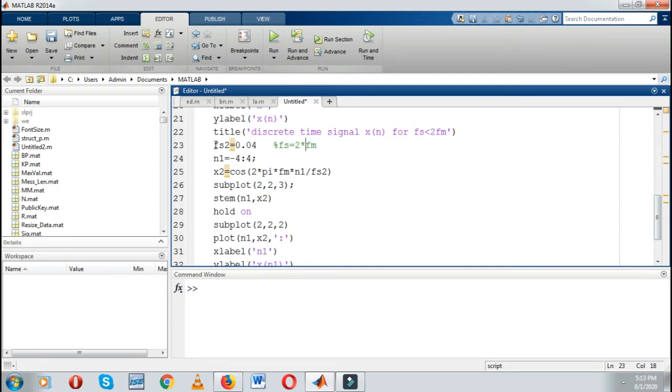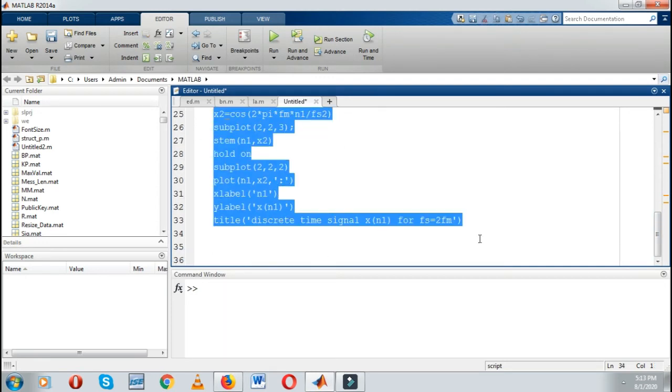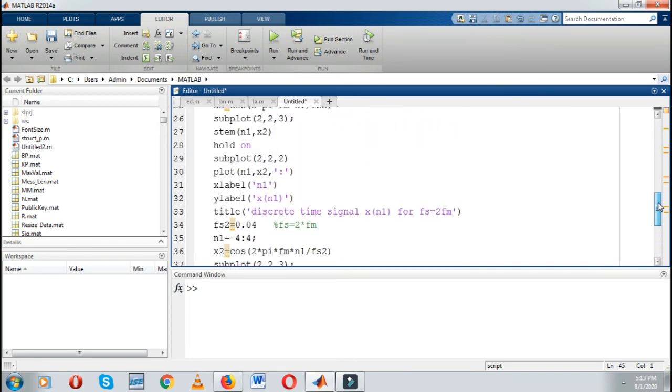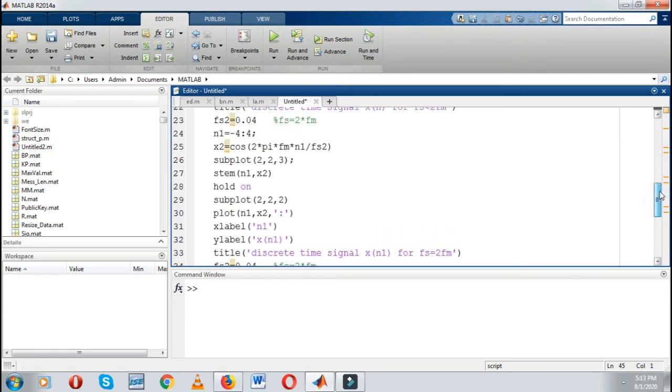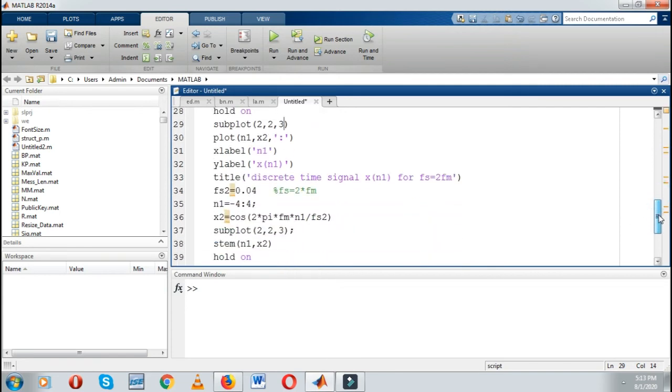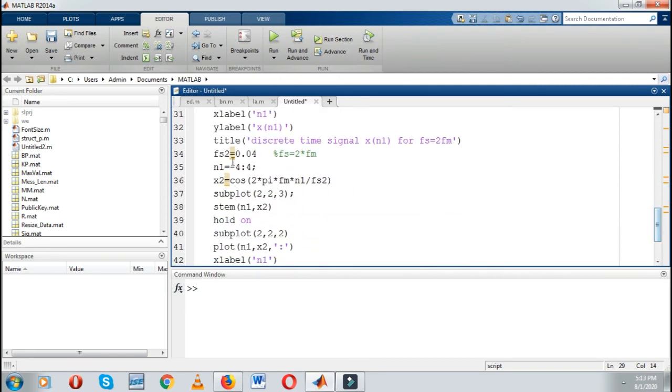Now the third one, I will copy this program and paste it again. Again I have to change the fs3. Here I will take 5.